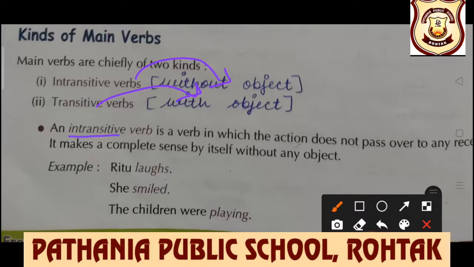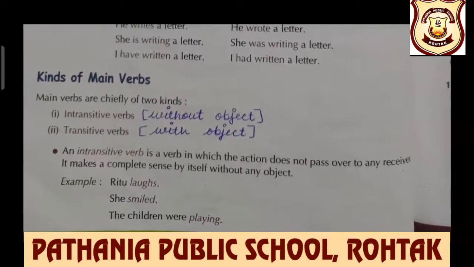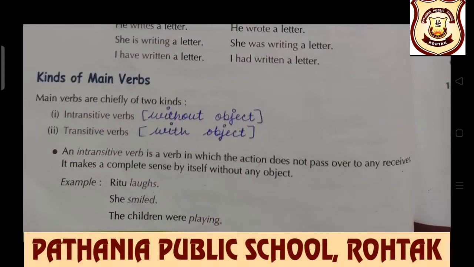Intransitive verb is a verb in which the action does not pass over to any other, does not pass over to any receiver. It makes a complete sense by its own without any object. So without any object means intransitive.